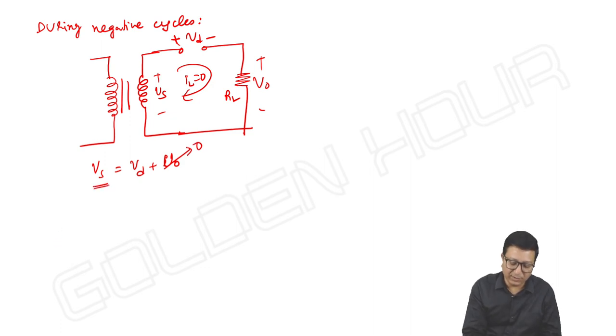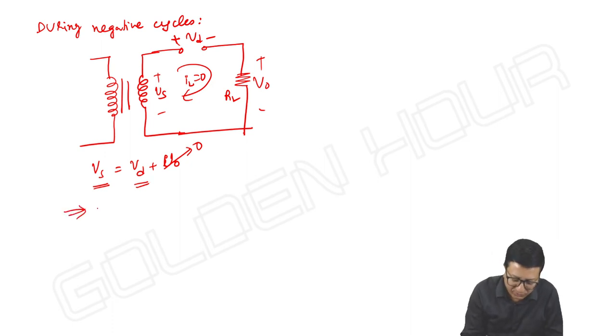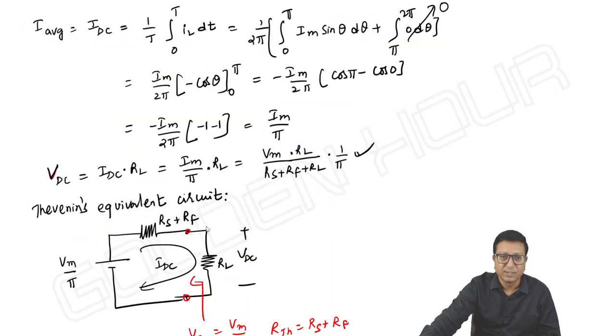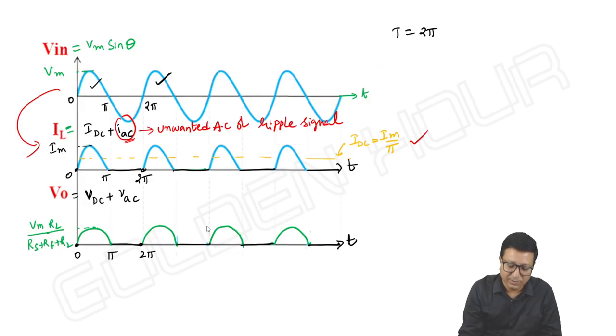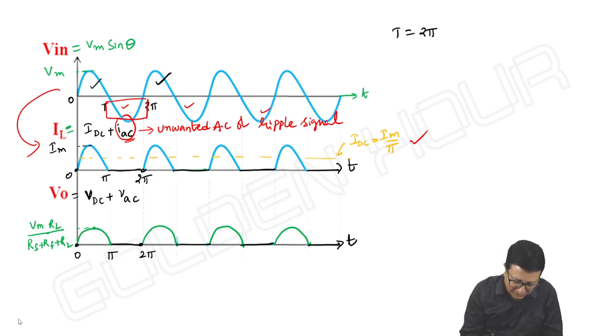Means whatever the secondary voltage you have, entire secondary voltage is appearing across the diode, which implies Vd is equal to Vs. Means the entire secondary voltage, this particular portion or this complete negative cycle can be seen across the diode. Okay, so if you want, we can even show that also, diode voltage.